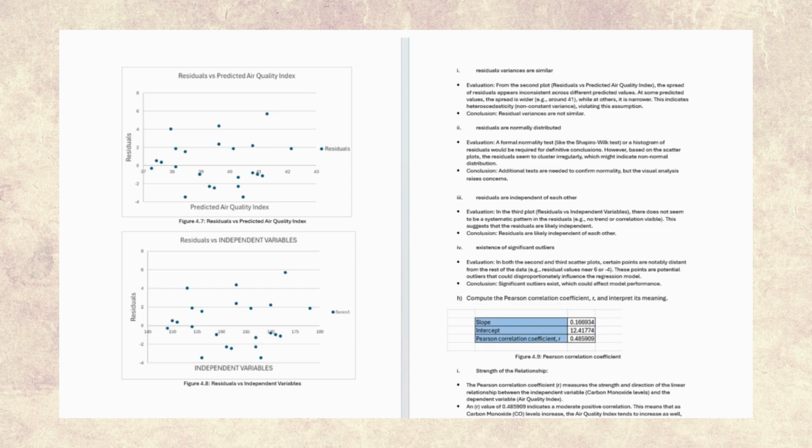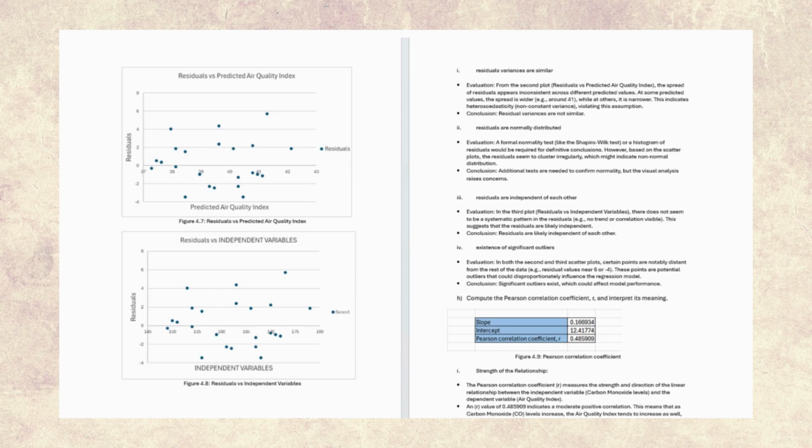At some predicted values the spread is wider, while at others it is narrower. This indicates heteroscedasticity, not constant variance, violating this assumption. For the conclusion, the residual variances are not similar.